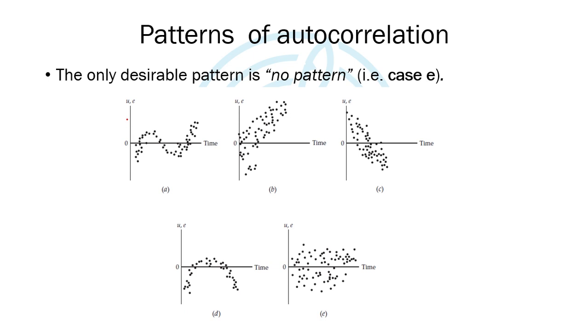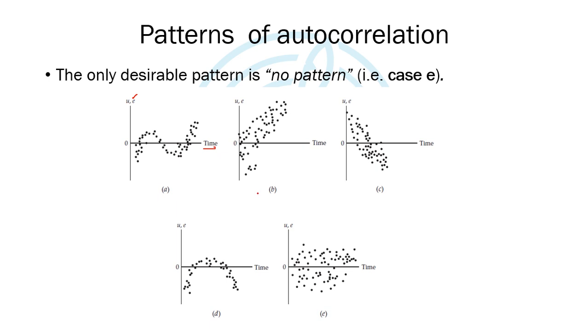Now we are looking at different patterns of autocorrelation, and you can see there are different patterns shown here: an upward sloping one, a downward sloping one, a parabola, and something almost like a cubic function. On the y-axis we have the error or the residual term. They show u and e both, but naturally you never observe u, you only observe e. And on the x-axis we have time.